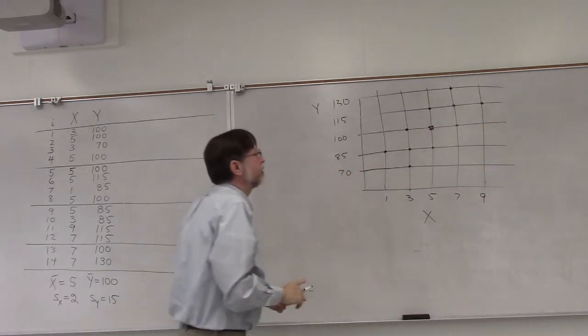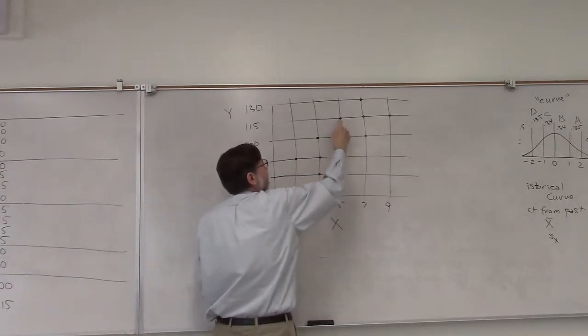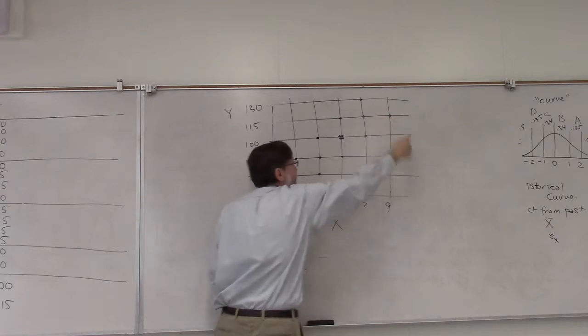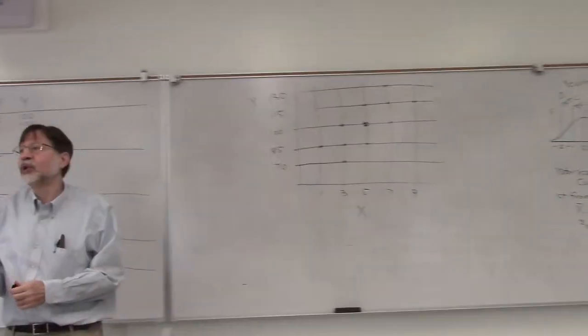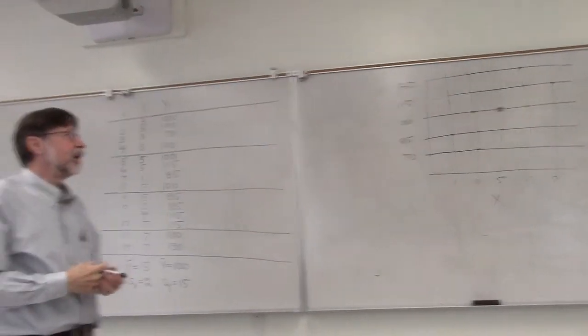Should be 14 points there. 1, 2, 3, 4, 5, 6, 7, 8, 9, 10, 11, 12, 13, 14. So there should be as many points as there are cases. This is called drawing a scatter plot.